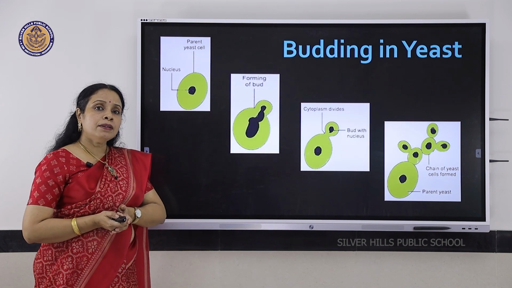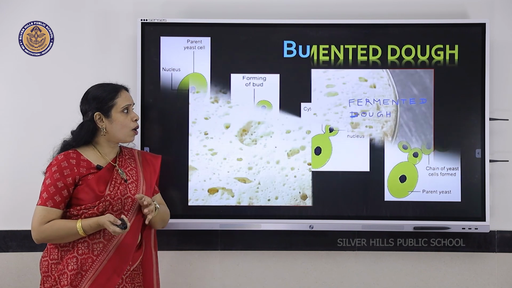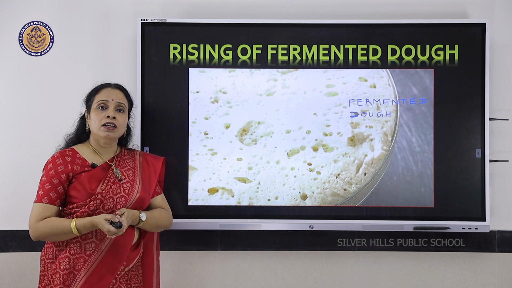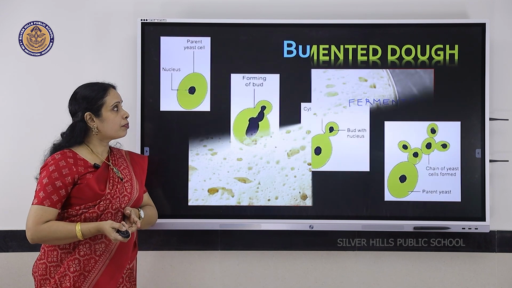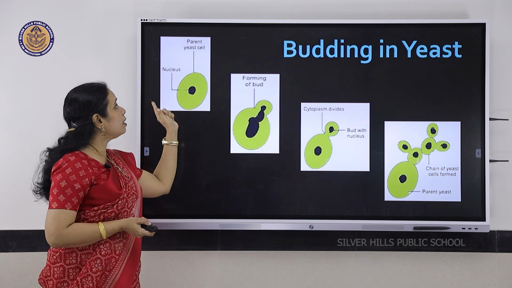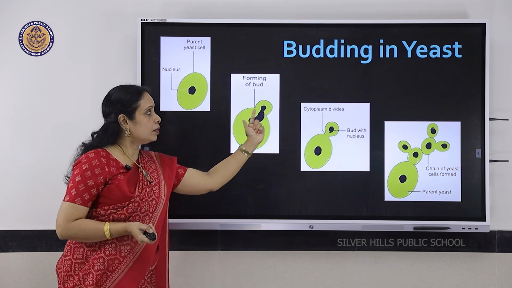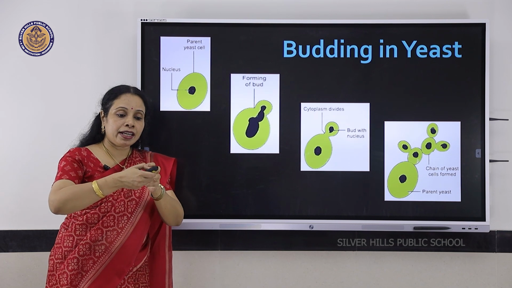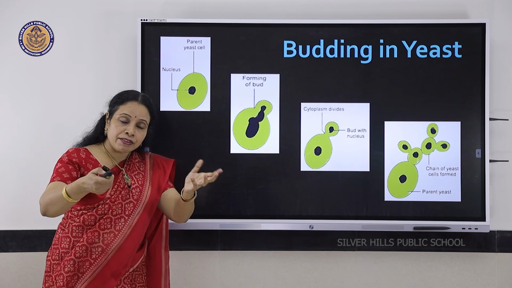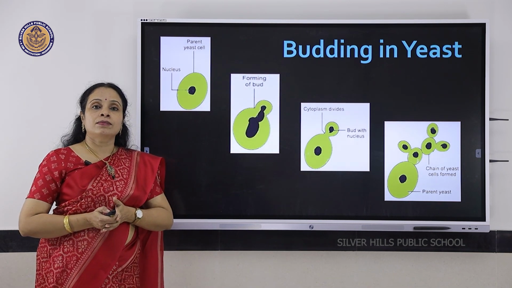So, how did this happen? Your mother had put just a pinch of yeast into the dough, and by the next day the dough started fermenting. It happened due to budding in yeast. A single yeast cell, you see its nucleus started dividing, then its cytoplasm started dividing, it became 2, and then it started dividing further and became a chain of yeast cells.